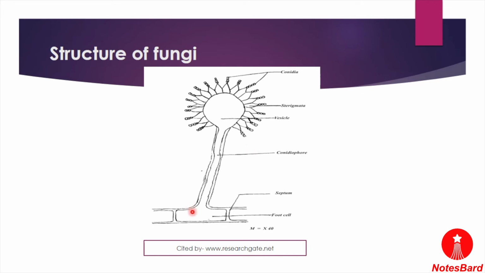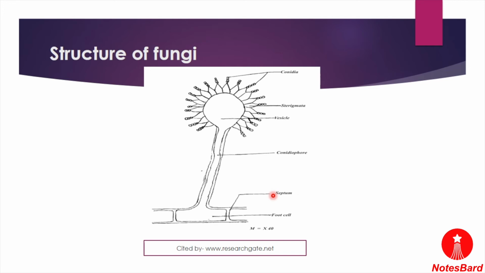This hypha is made up of one or more cells which are surrounded by a tubular cell wall and divided by cross walls, and each is called a septum. The hyphae of most fungi are divided into cells by internal walls named septa, and these septa have little pores through which ribosomes, mitochondria and other cellular organelles can pass.